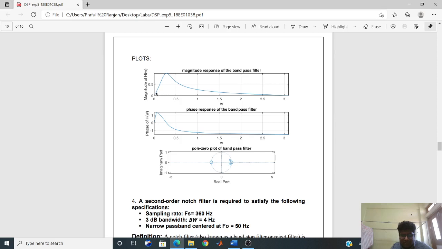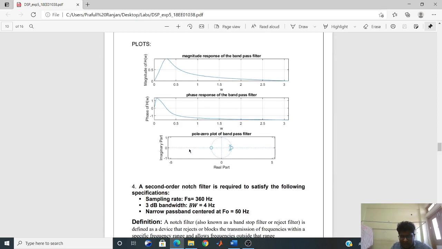For the signals ECG and PPG, I will plot these values. We can say the magnitude response for this one is increasing. For some cutoff frequencies, if we take the two frequencies, then at those frequencies it is giving the maximum amplified values, and for less than that and greater than that it is attenuating. As it is second order, there are two poles and two zeros.